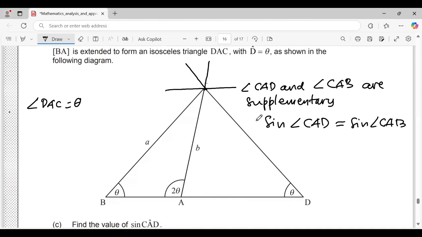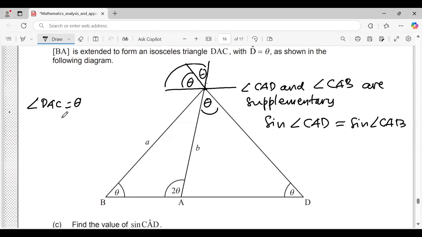If this angle is theta, it means this angle is theta. Angle BAC is 2 theta, so this angle is 2 theta. If this angle is theta, this one is theta too, because theta plus theta equals 2 theta. And the opposite angle is theta.